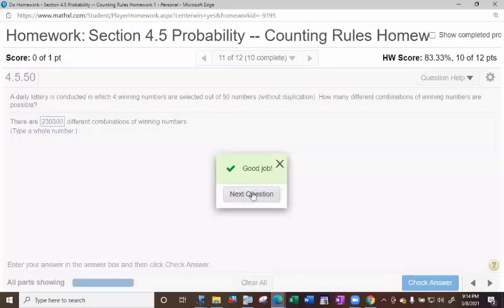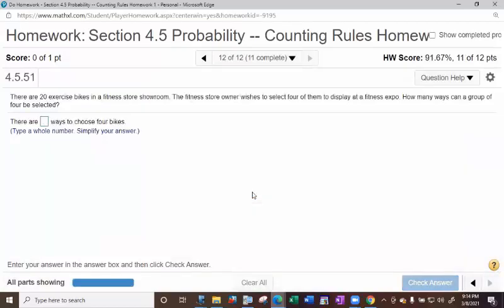All right, look at us go here. Nothing indicating order. They just want to take 4 of their bikes and display them. 4 out of 20 would be a combination.